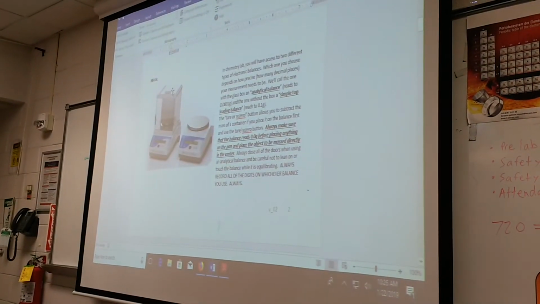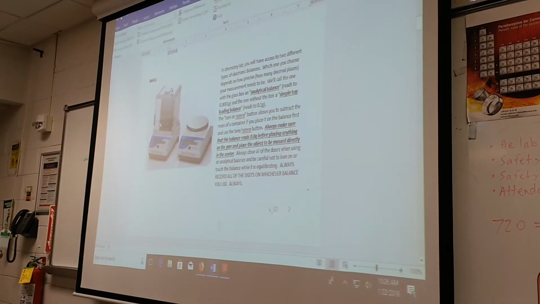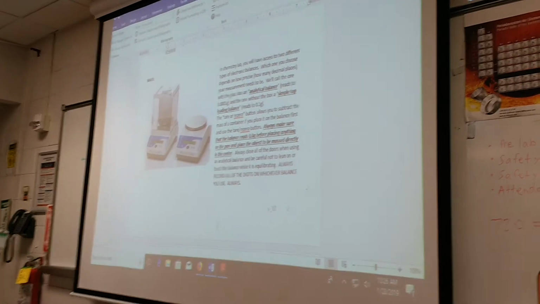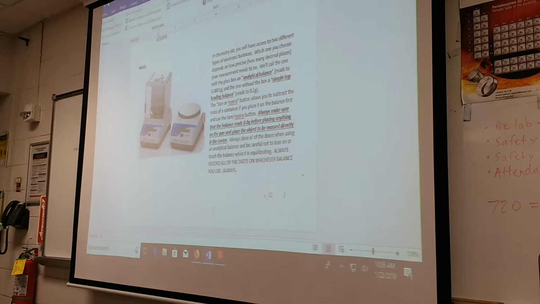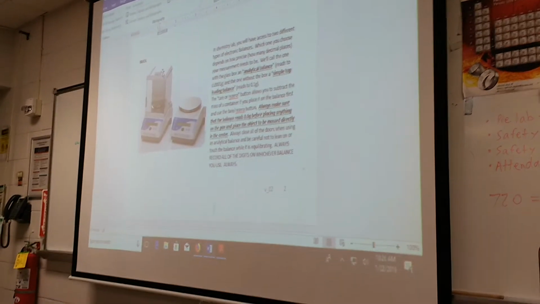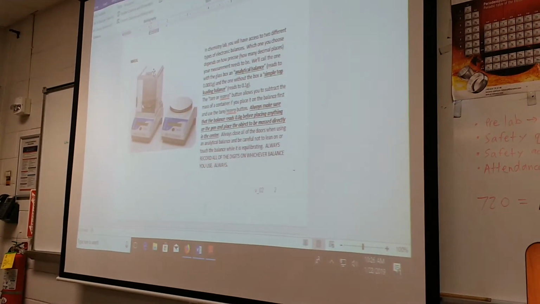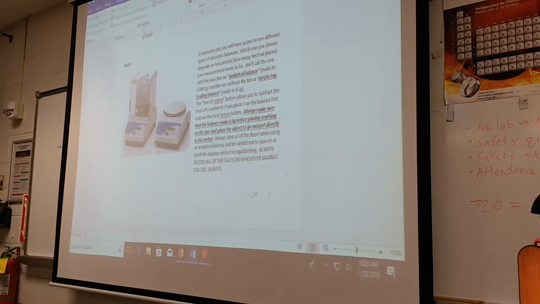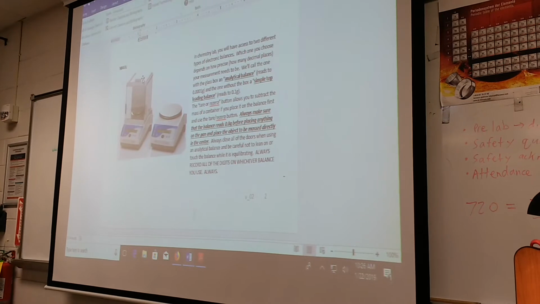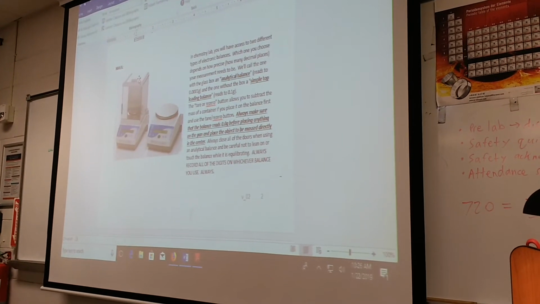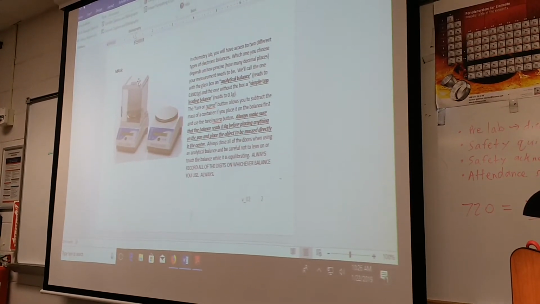So here we have one on your left. This is the analytical balance, and this can be found inside our prep room, or balance room, where the chemicals and solutions are prepared. And the other one is the top load balance. The top load balance is less precise.